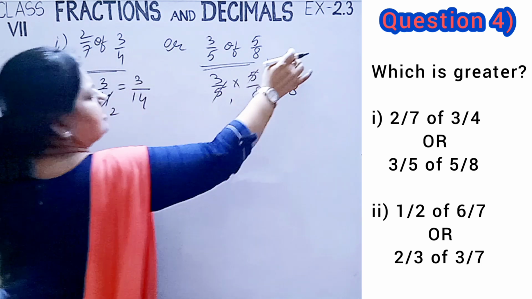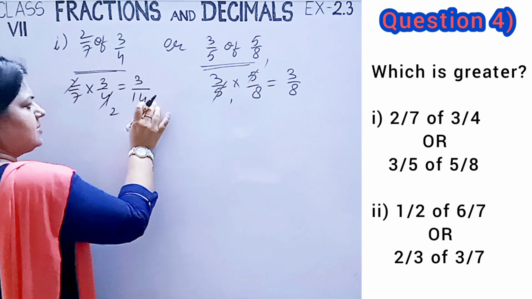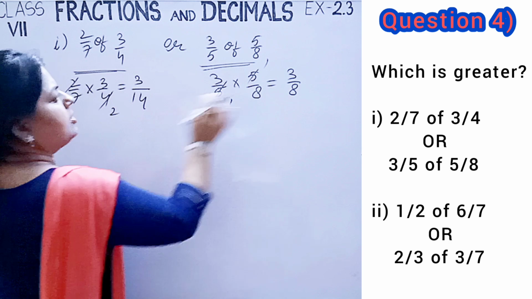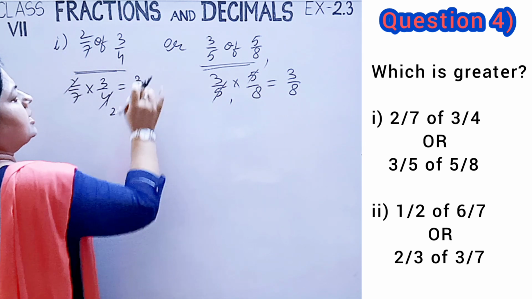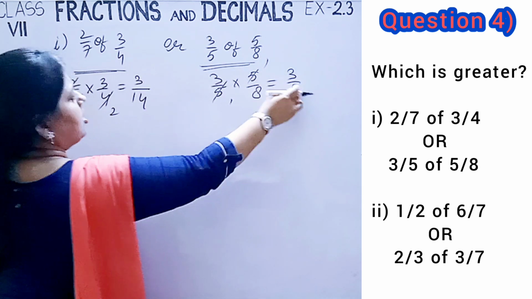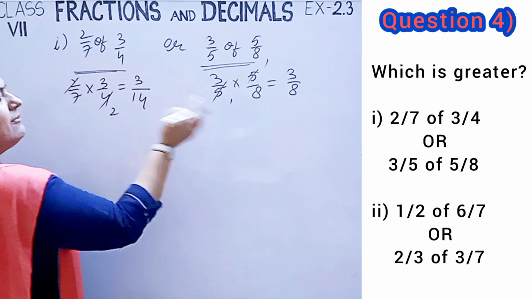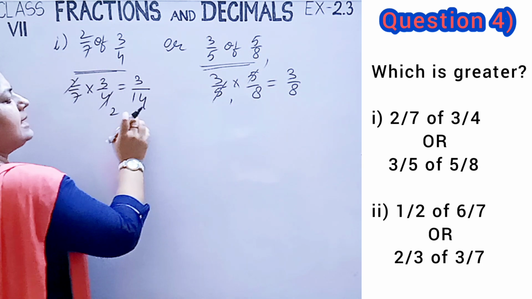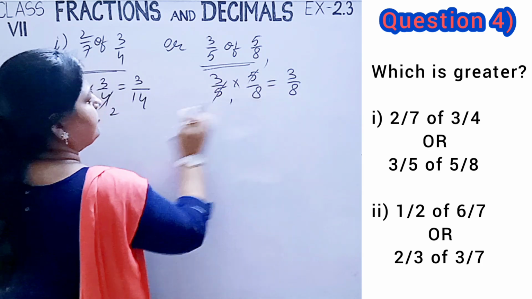3 by 14 and 3 by 8 are unlike fractions. So to compare it, we have to change it into like fractions. So here we will multiply denominator and numerator with this 8, or 3 by 8 will be multiplied with 14. Or we have other option also. We can take LCM of 14 and 8 to compare these two fractions.